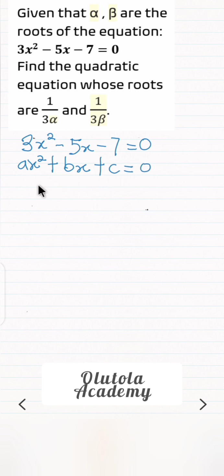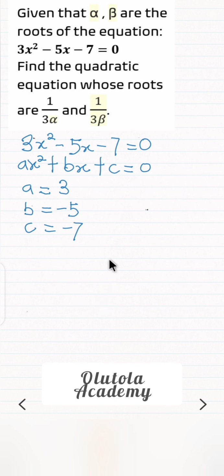I'm doing this so that I can find my a, my b and c, by comparing the two equations. Now my a is 3, my b is minus 5, and my c is minus 7.